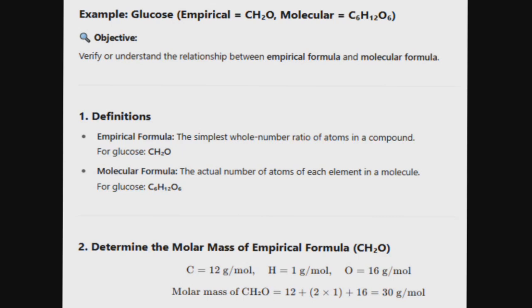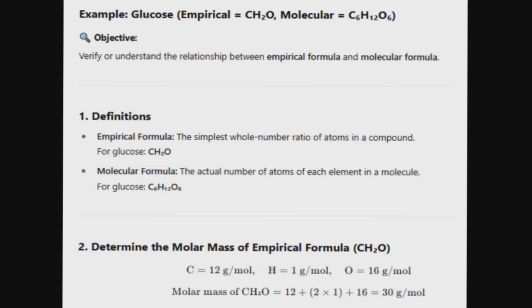That of hydrogen is 1 gram per mole, and that of oxygen is 16 grams per mole. Hydrogen is 1 gram per mole, then oxygen is 16 grams per mole.